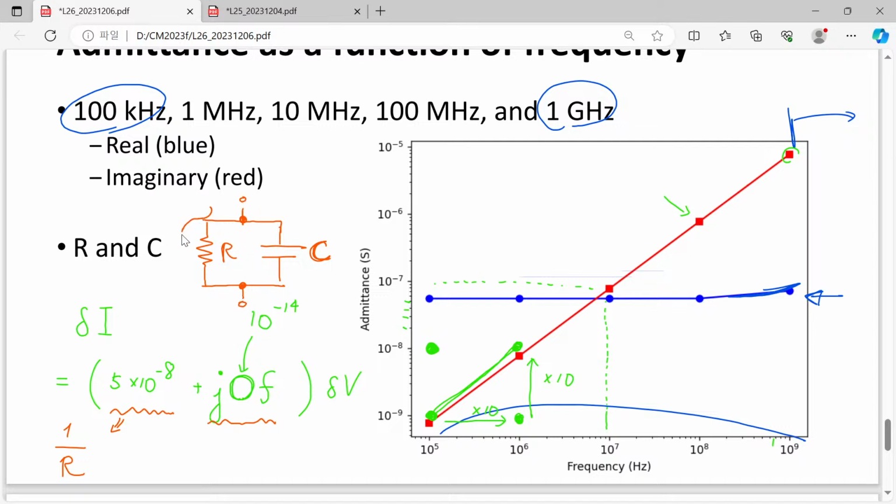The real part through R is described by this real part, and the imaginary part describes the curved path through the capacitive component. So your IC modeling can be done after you extract this kind of admittance. So you can do it.